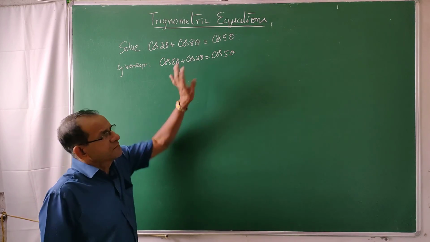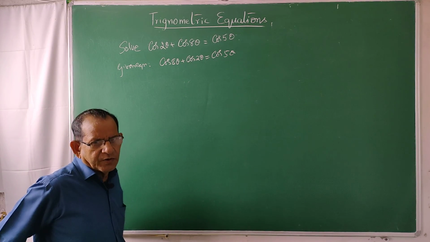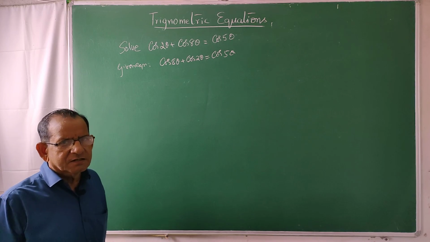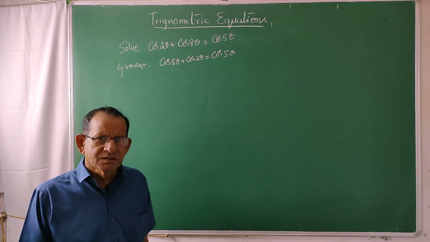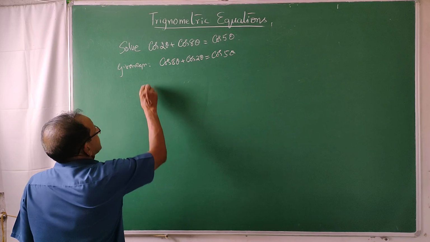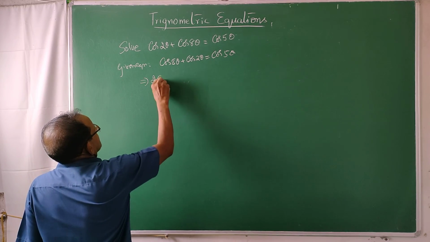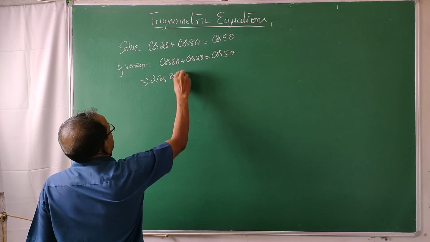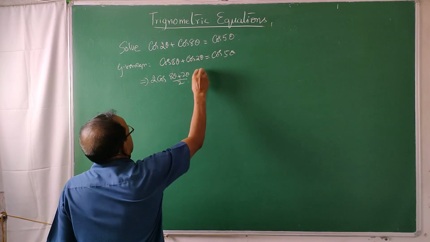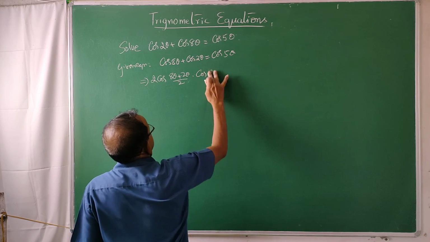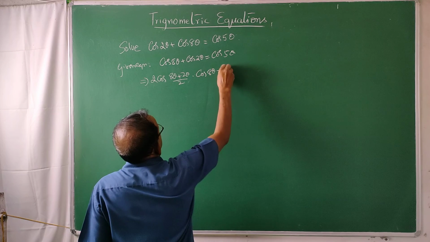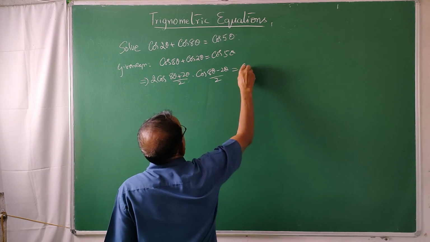Now it is in the form of cos c plus cos d. We have to apply that formula. Cos c plus cos d is 2 cos c plus d by 2 cos c minus d by 2. That implies 2 cos of 8 theta plus 2 theta by 2 into cos of 8 theta minus 2 theta by 2 is equal to cos 5 theta.